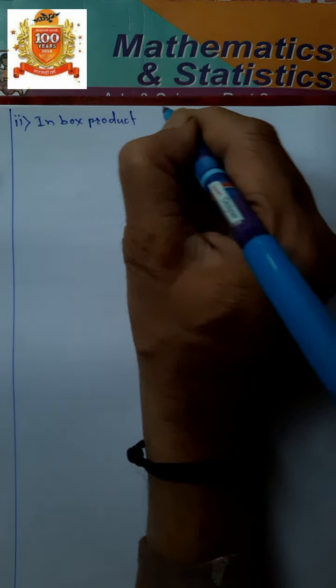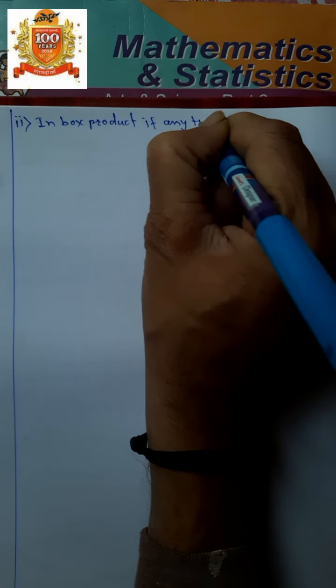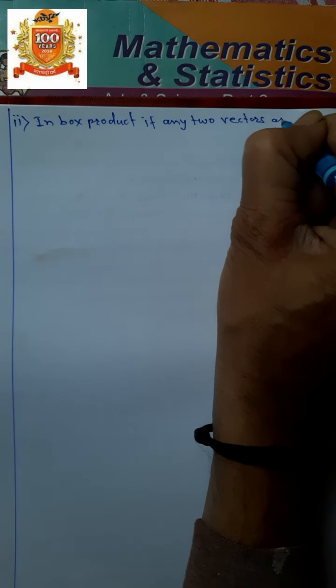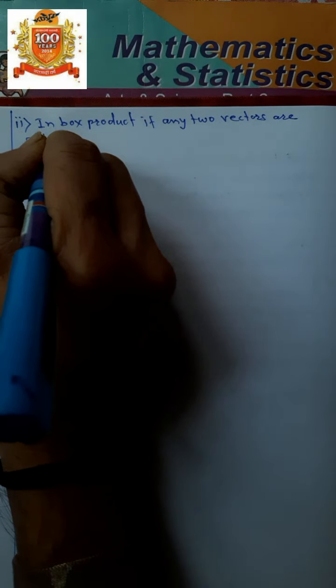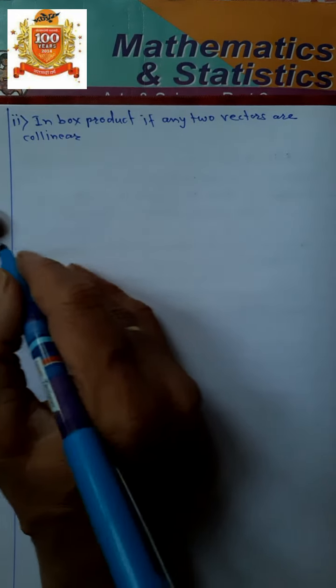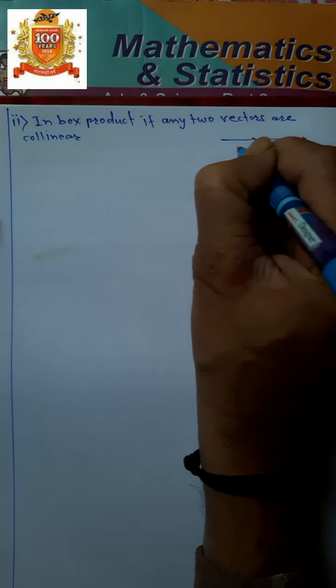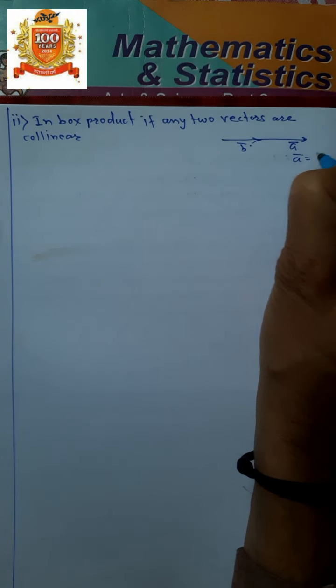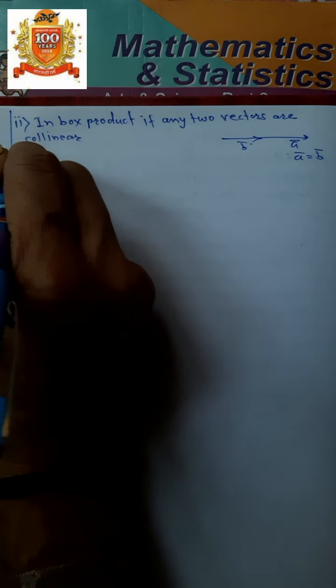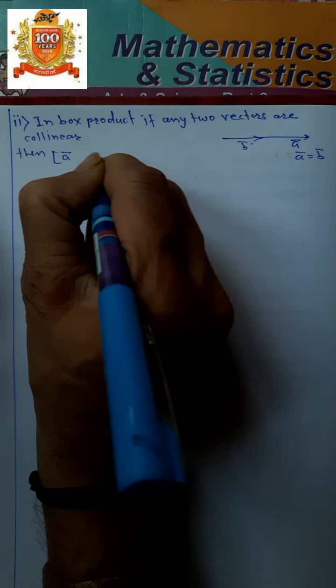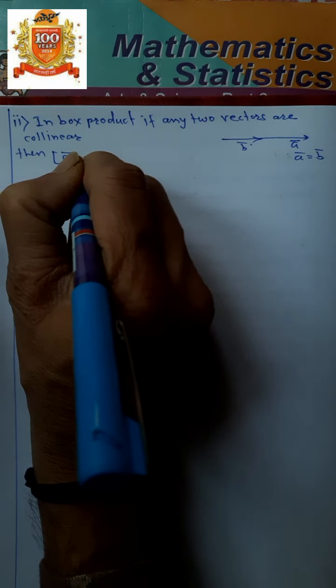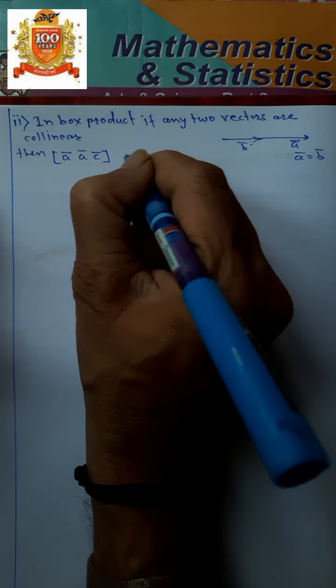Second, in box product, if any two vectors are collinear, means this is A bar as well as this is B bar, means A bar is equal to B bar, then box product of A bar, A bar, C bar is equal to 0.